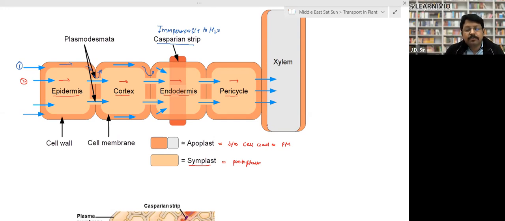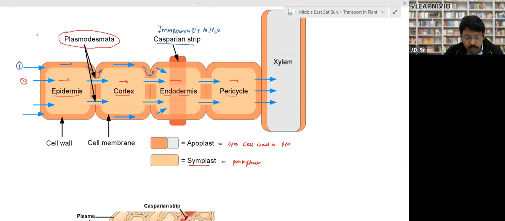The cytoplasm of adjacent cells is connected through plasmodesmata. Full stop.